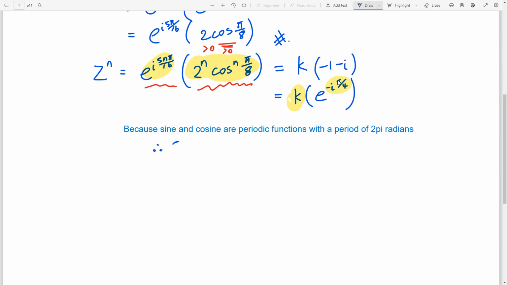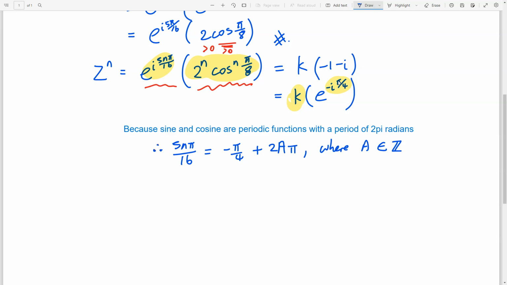Therefore, your 5nπ/16 must equal minus π/4 plus 2aπ, let's use capital A because we have k here already. Normally we use 2kπ, where a is an integer. A are all integers, so it's always possible.